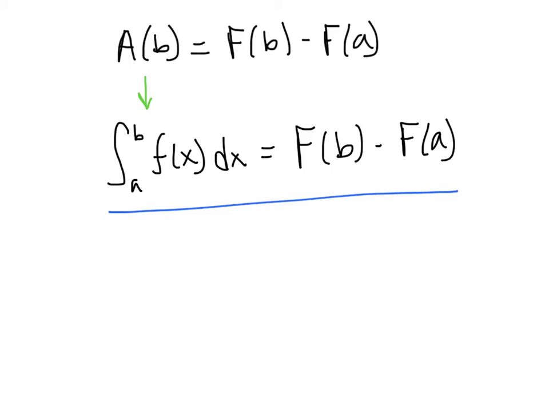We now have a way to calculate the exact area under a curve, which is this notation here, just by finding an antiderivative, plugging in b, applying the same antiderivative, plugging in a. We know how to do all these things already. I'll give you a brief example to end this video, and then my next videos will be further examples.